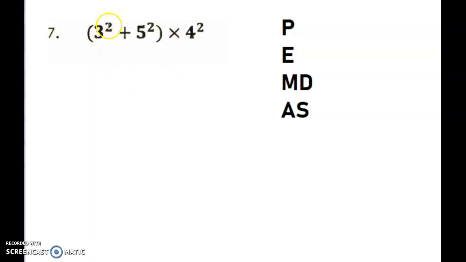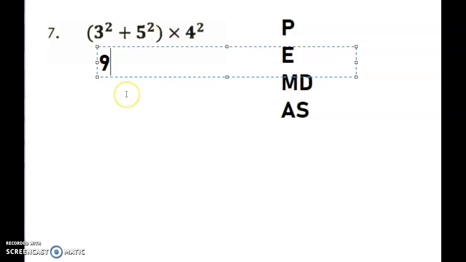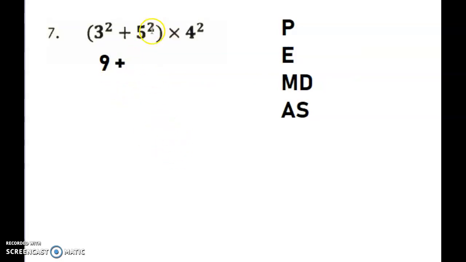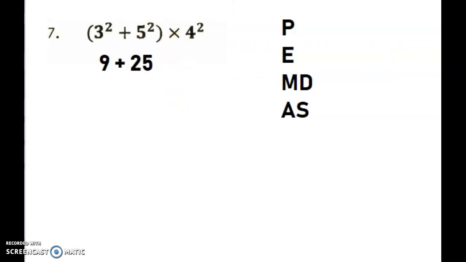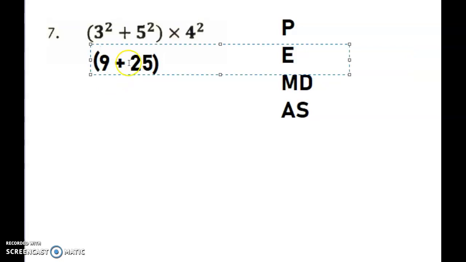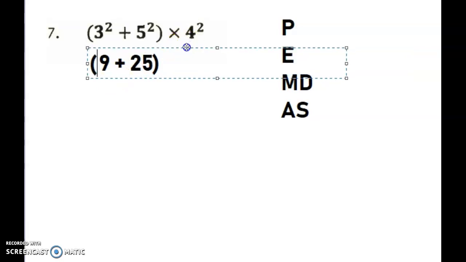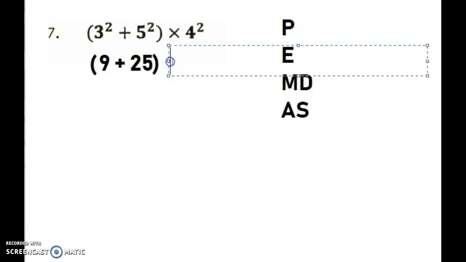I have 3 to the power of 2, which is 3 times 3, which turns into 9, right? Plus whatever 5 times 5 is, which is 25. So this is still my parentheses. All I did is I worked out what was inside the parentheses.